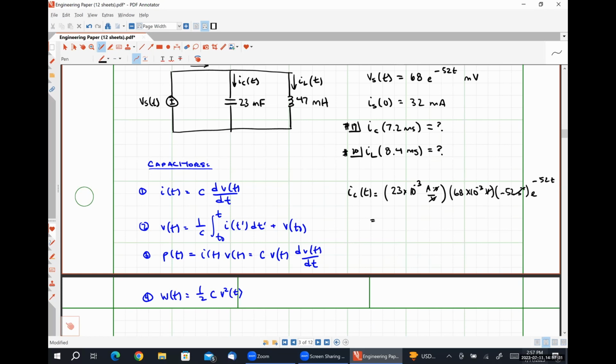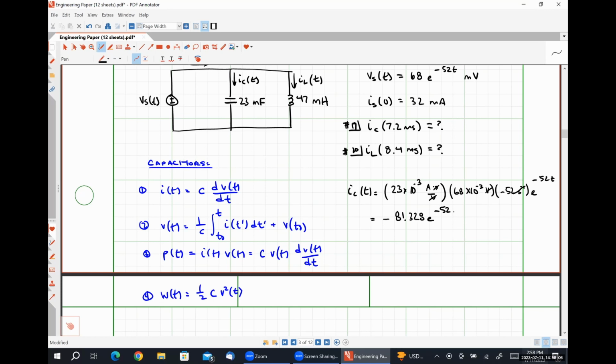So let me just throw this into my calculator. 23 times 10 to the minus 3 times 68 times 10 to the minus 3 times negative 52 is going to look like negative 81.328 e to the minus 52t milliamps.